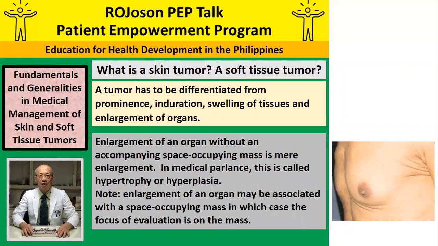Enlargement of an organ without an accompanying space-occupying mass is mere enlargement. In medical parlance, this is called hypertrophy or hyperplasia. Note, enlargement of an organ may be associated with a space-occupying mass, in which case the focus of evaluation is on the mass.